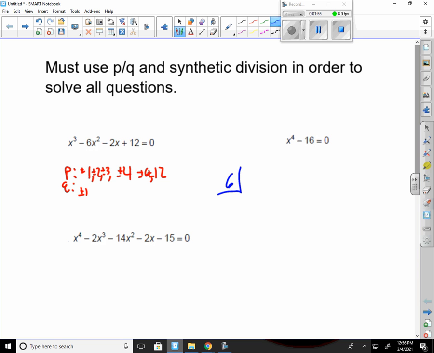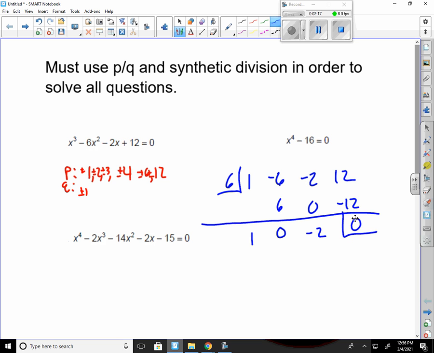So 6 goes here, and then 1, negative 6, negative 2, 12. Bring down the 1. 6 times 1 is 6. That becomes 0. 6 times 0, 0. That's negative 2. 6 times negative 2 is negative 12. That gives you 0 as your remainder.